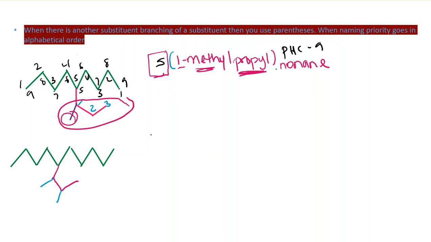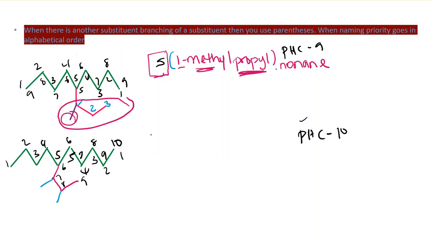So for our next example, we're going to determine the parent hydrocarbon. 1, 2, 3, 4, 5, 6, 7, 8, 9, 10. And we're going to number it in the opposite direction. 1, 2, 3, 4, 5, 6, 7, 8, 9. So our pHC is 10. Since numbering in the opposite direction, we have a number less than 10.